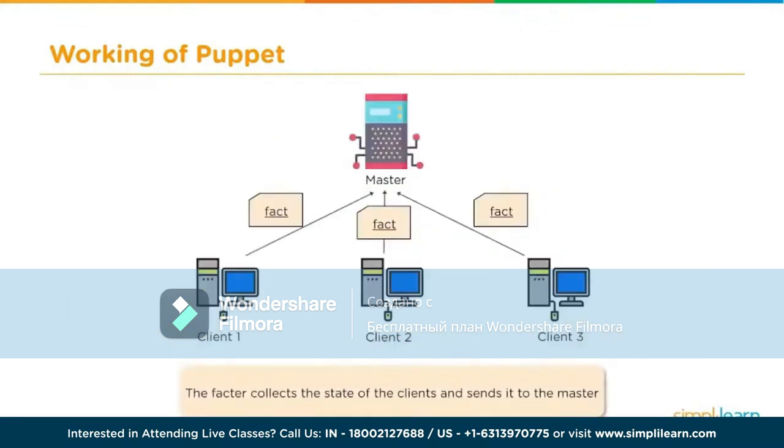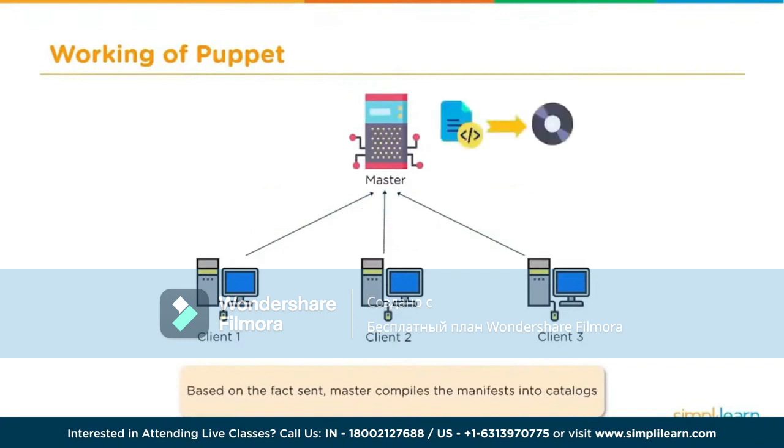After this request, the factor service which is present on your client collects all the information regarding the present state of your client. So this information could include the operating system that's installed on them, the various number of software present on them, the versions of these software. Now all this information is collected, it's called the fact, and it's sent over to the master. At the master, this information, that is the facts, is compared against the manifest.